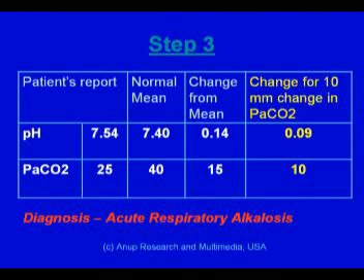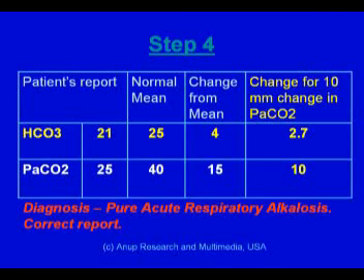So here for 10 millimeter change in PaCO2, the pH has changed by 0.09, so it goes in favor of acute nature of the respiratory alkalosis. Now let's go to the next slide.